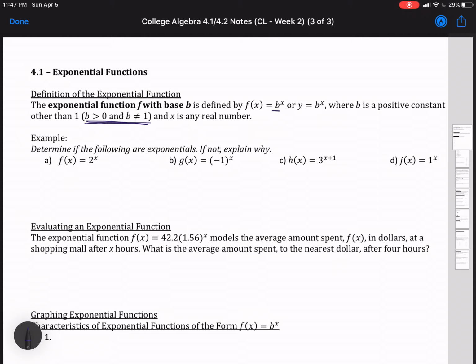Since 2 is greater than 0 and 2 does not equal 1, then yes, this is exponential. Okay. And looking at B, we have g of x equals negative 1 to the x power. Since our b value equals negative 1, and we know that b has to be positive, the answer here is no.